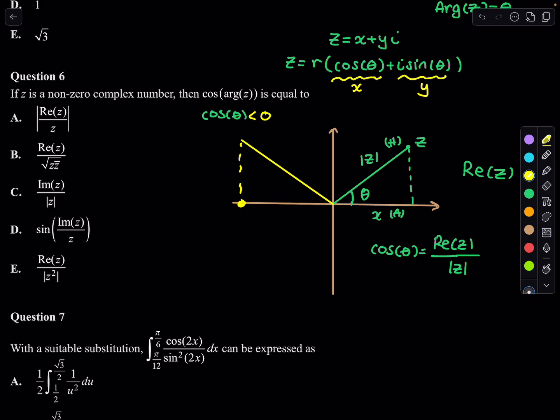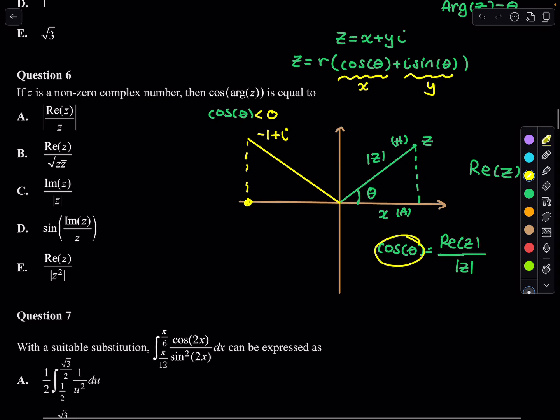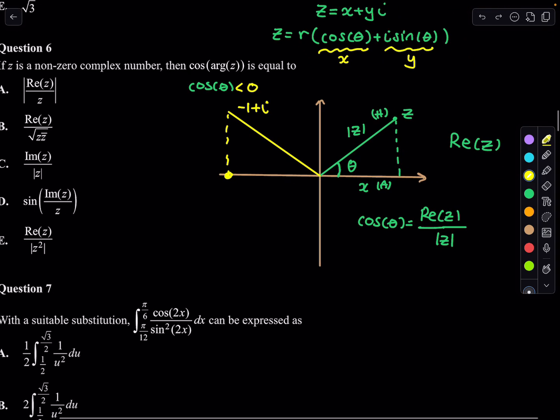Let's make up an example to make it easier, -1 plus i. The x component is -1. Is cosine theta going to be positive or negative? That's our goal: cosine theta has to be negative because our x coordinate is negative. So let's substitute it in here.